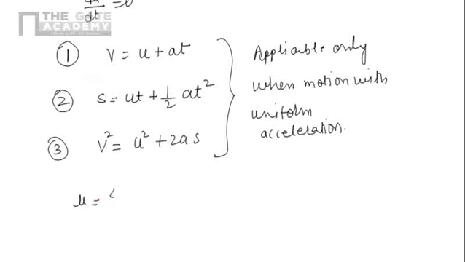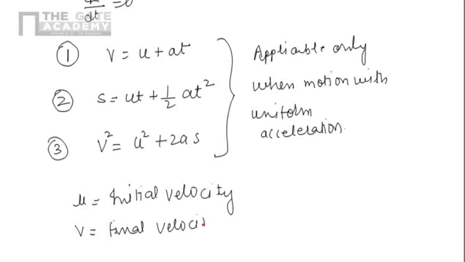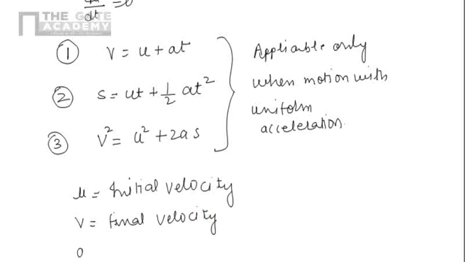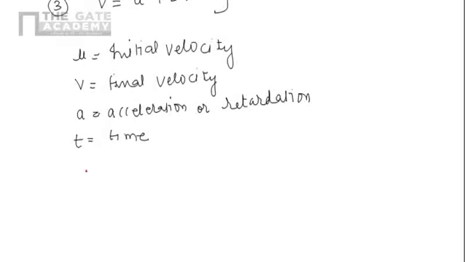Here u is initial velocity, v is final velocity, a is acceleration or retardation, t is time, s is distance or displacement, so these are the explanation of the terms we are using for these three equations.